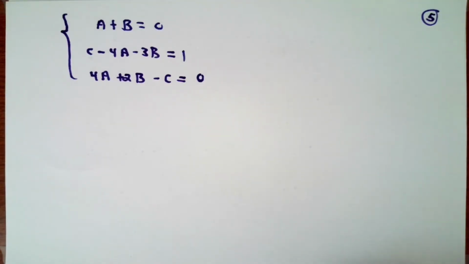If you look at the top equation, that says that a and b are negatives of each other. I could write b equal negative a or a equal negative b, as I like. I'll write b equals negative a.